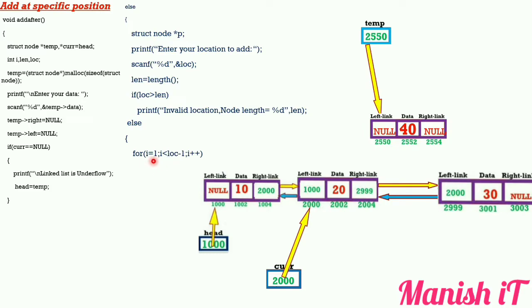The for loop is: i equals 1 and i less than location minus 1, whatever location is given by the user. Here the user has entered 3, so we want to come to the second position. So 1 is less than 2, the condition is satisfied, we enter the loop, and in the loop I have written current equals current to right. After execution of this line, it moves to here, so now it's pointing to here.